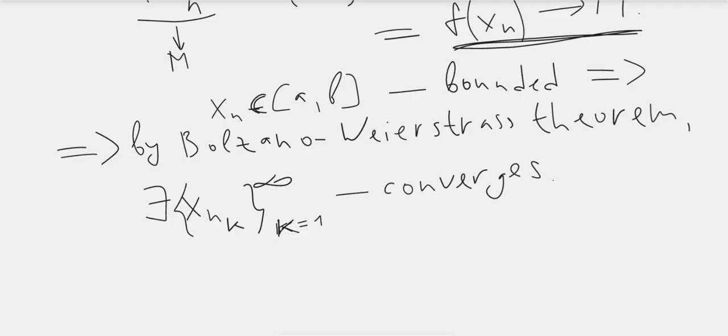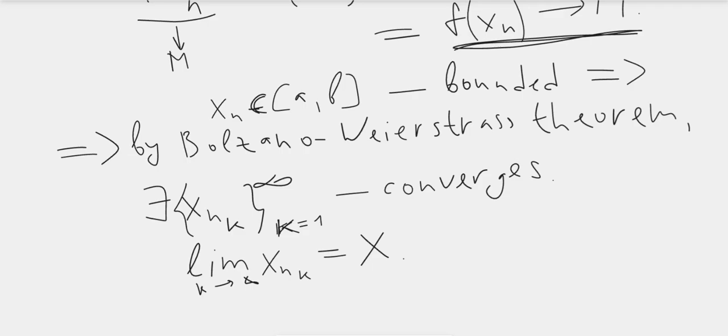Any bounded sequence contains a convergent subsequence. Because this subsequence converges, let's denote the limit of xnk when k goes to infinity by, well, just x.